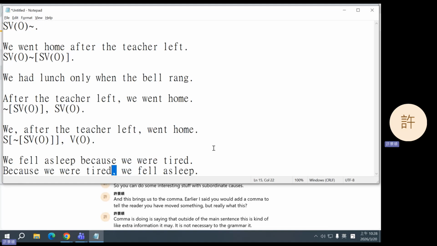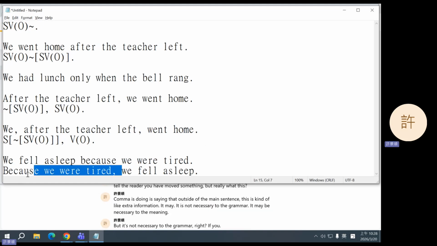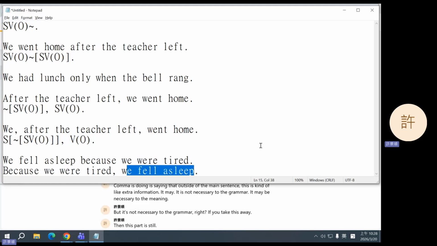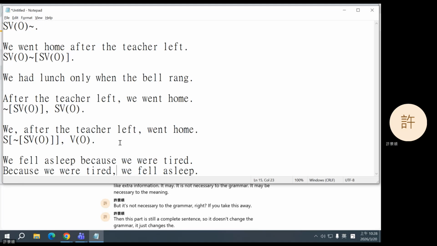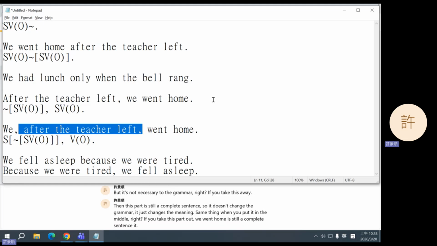It may be necessary to the meaning, but it's not necessary to the grammar, right? If you take this away, then this part is still a complete sentence. So it doesn't change the grammar, it just changes the meaning. Same thing when you put it in the middle, right? If you take this part out, we went home is still a complete sentence. It doesn't affect the grammar.